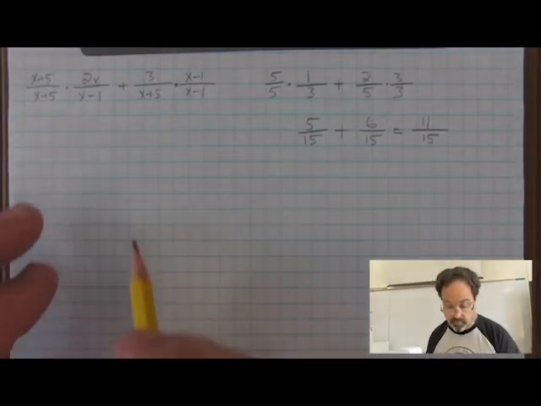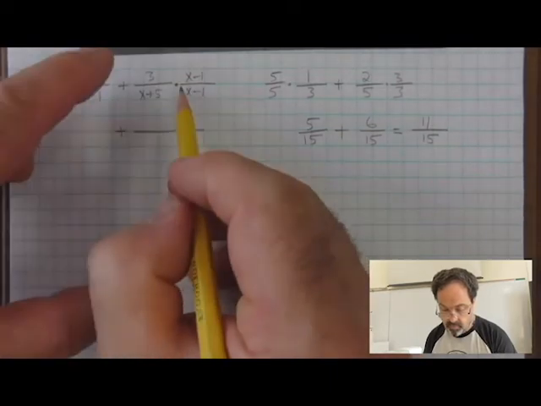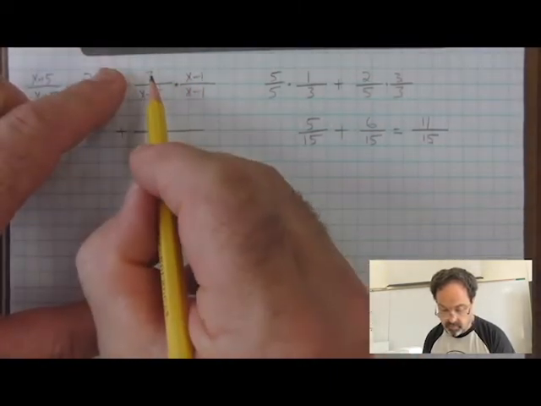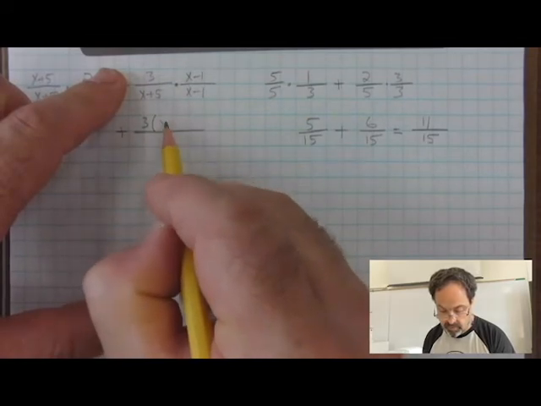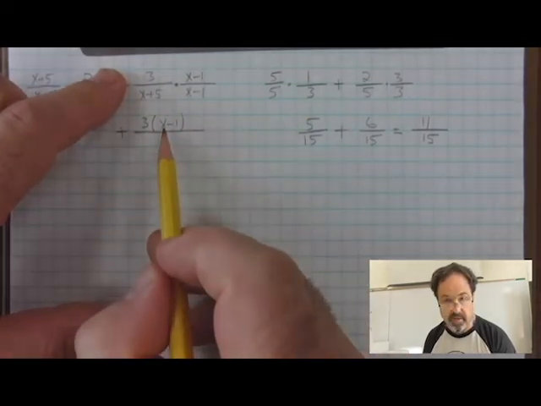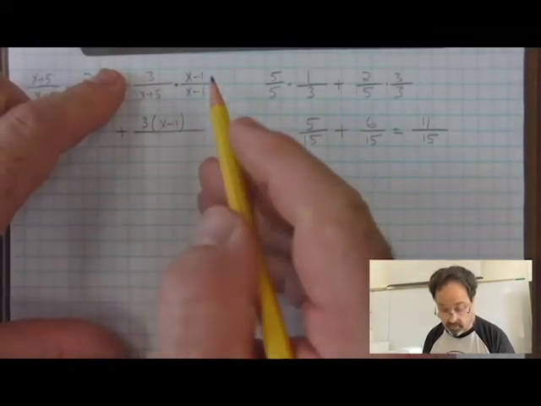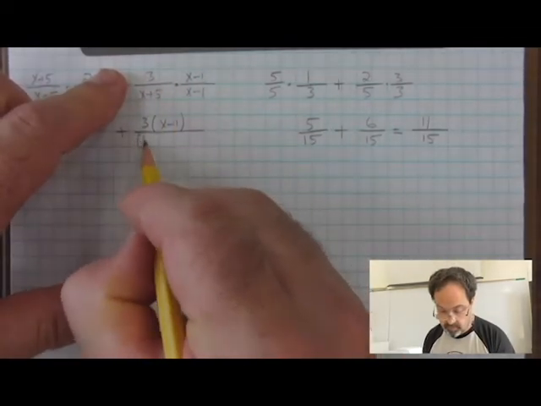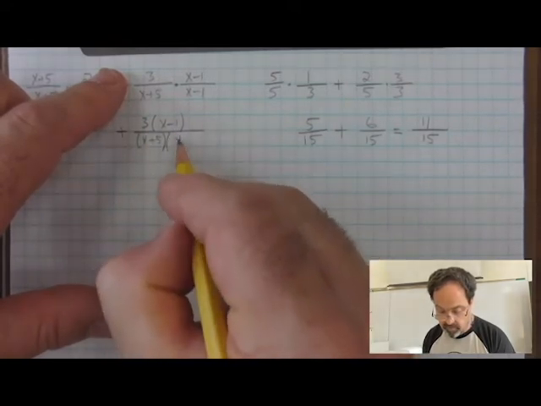When I do, I will get the product of these fractions, the numerators 3 times x minus 1, but I'm going to group the x minus 1 because it's going to be 3 times the whole thing. And in the denominator, I'm going to group the two factors that I'm multiplying, x plus 5 and x minus 1.